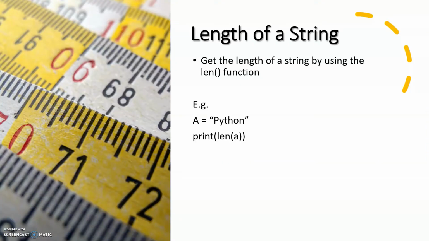Now, another helpful function associated with strings is the len function. The len function allows us to get the length of any string without actually individually counting its characters. It's especially helpful when we are operating with very long strings or even multi-line strings. Now let's look at how to use the len function with a Python program.